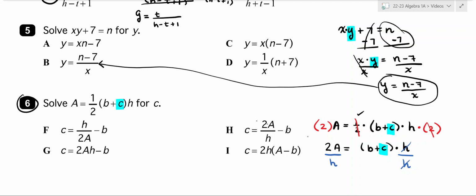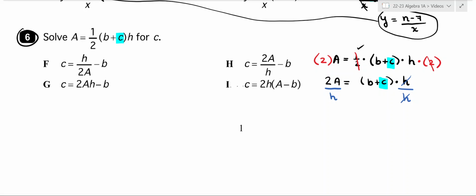And that cancels this. So we have 2a over h equals, now that all we have is the b plus c, we don't really need the parentheses anymore. And now we just need this one. And since this is addition, the opposite of addition would be subtraction.